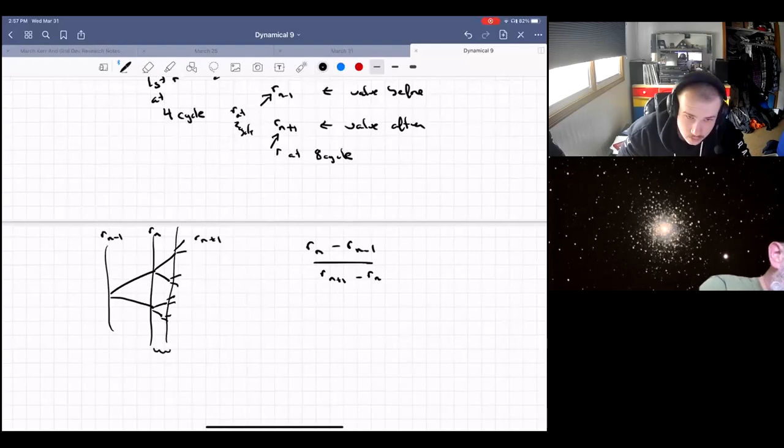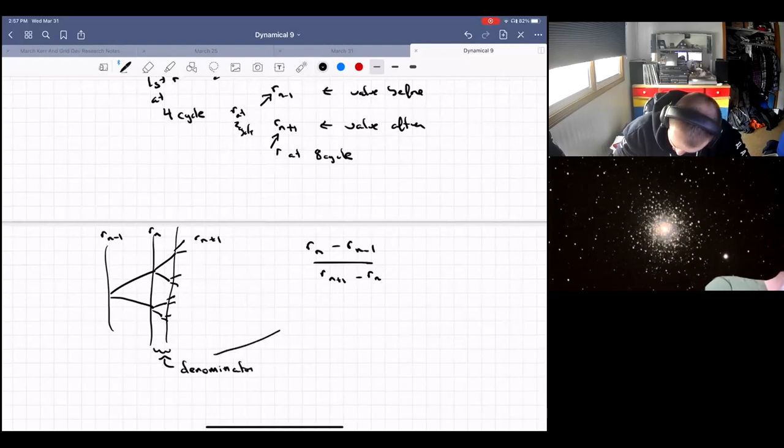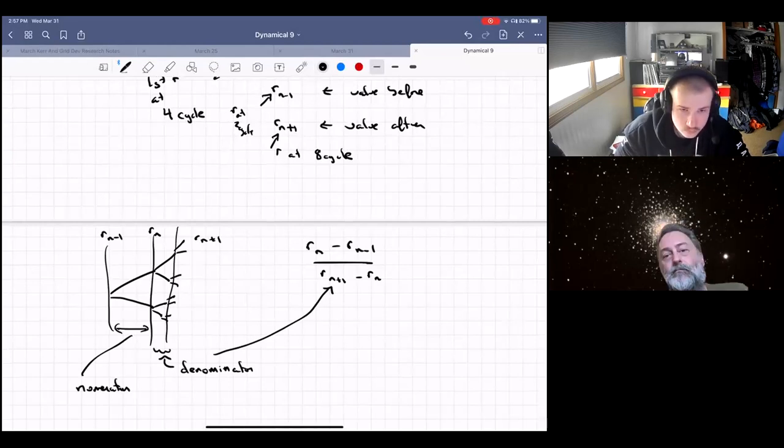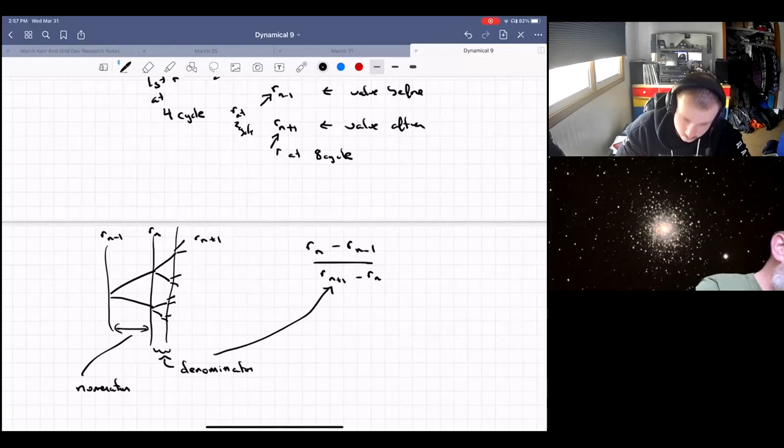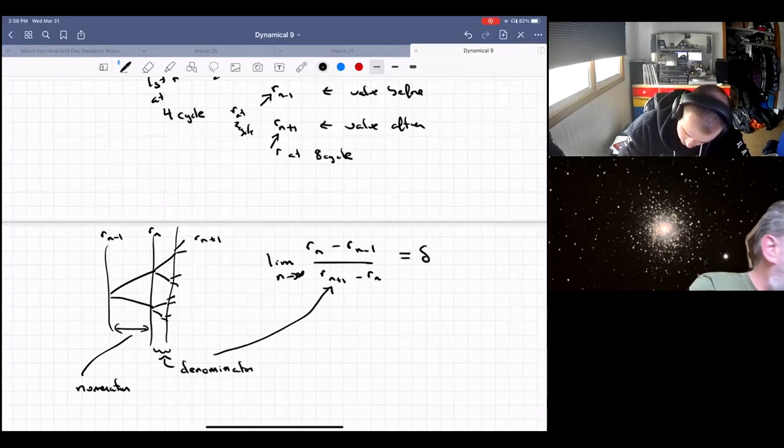Right, so this down here is the denominator, that distance is the denominator, and this distance is the numerator. And you take the limit of that quantity as n goes to infinity. And you call that delta.